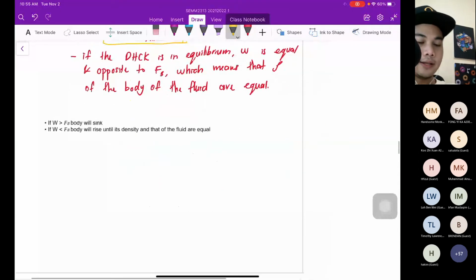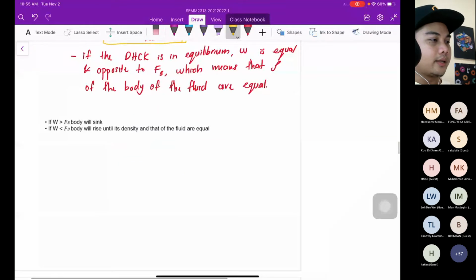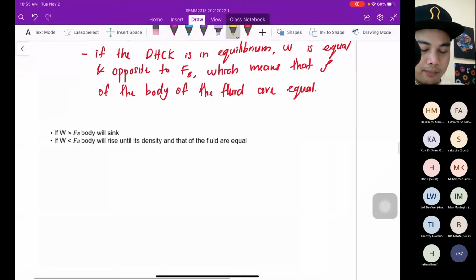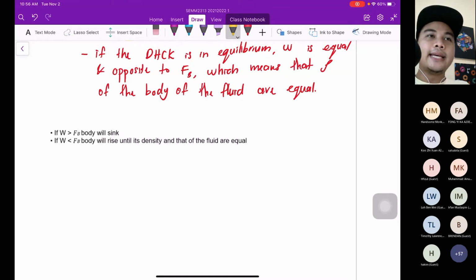So this is the case. If the weight of the body is more than the buoyancy force, the body will sink. Remember, if the weight of the body is less than the buoyancy force, the body will rise until its density and that of the fluid are equal.